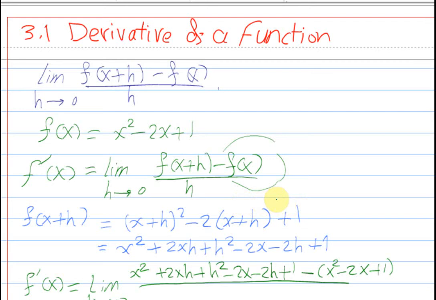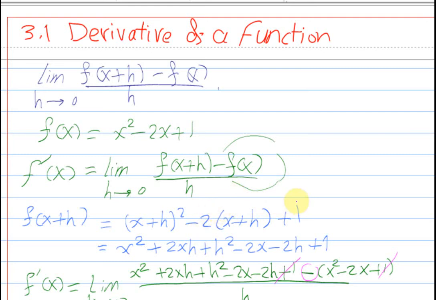Over h. Remember what we said before? Every element in this bracket will be cancelled with an element before it. So this one, actually it is not 1. It is minus 1 because of this minus. So this one will be cancelled with this one, because one is positive, the other is negative.